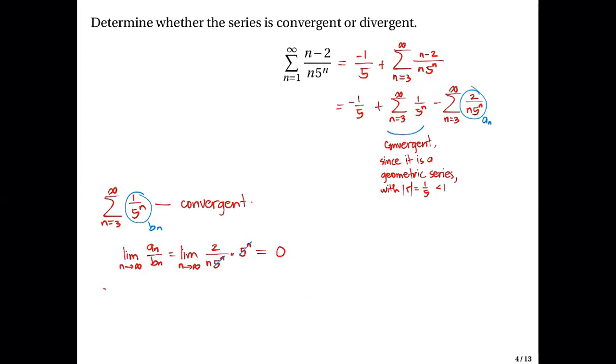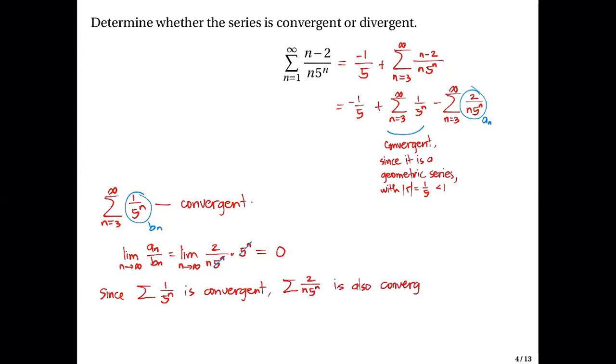So since the series 1 over 5 to the n is convergent, so is the series 2 over n 5 to the n, also convergent.